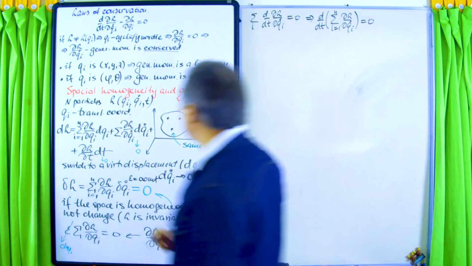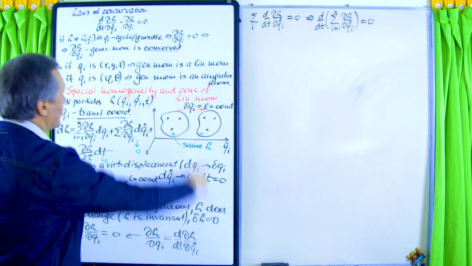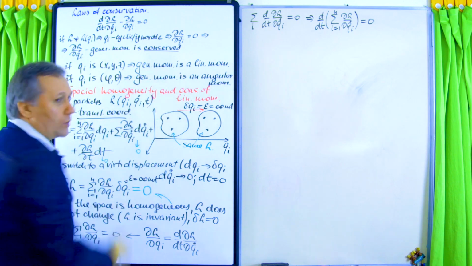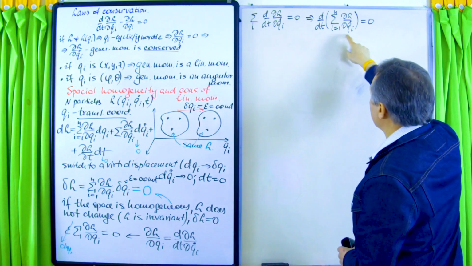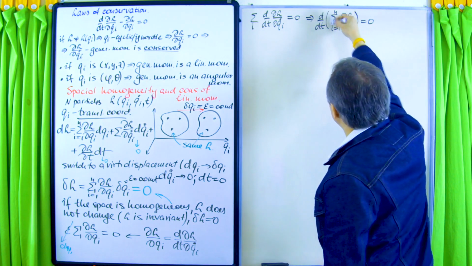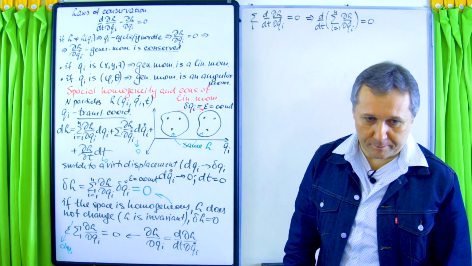But since we assume q_i is a translational coordinate, this derivative is our linear momentum, just the linear momentum of one particle. But then since we sum over the whole system, this whole thing is going to give us the total linear momentum of the system.